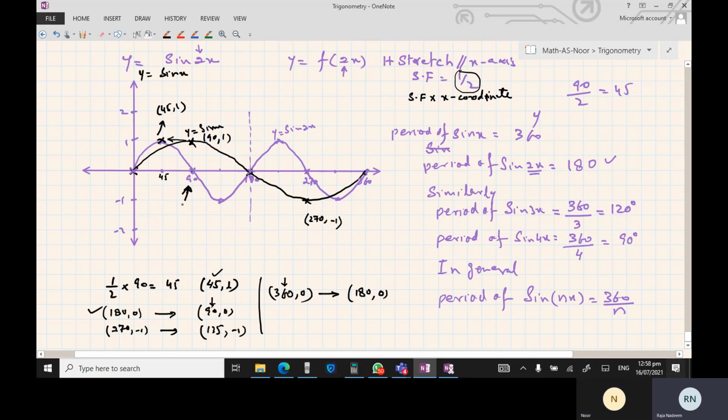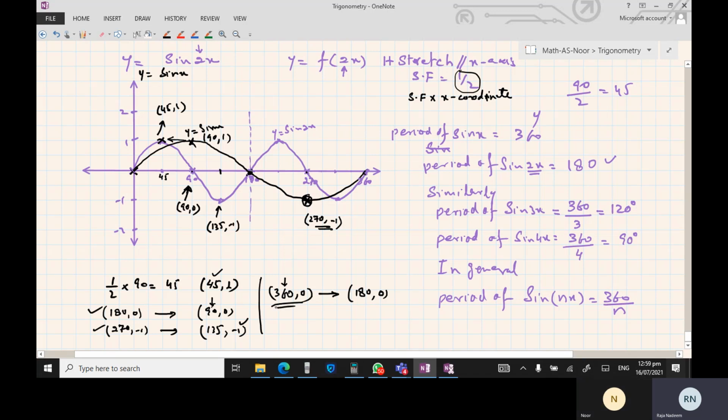Then 270 and minus 1, when you multiply it with the stretch factor 1 by 2, it becomes 135, so this is the point 135 and minus 1.